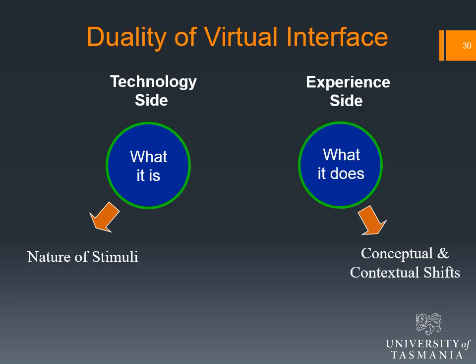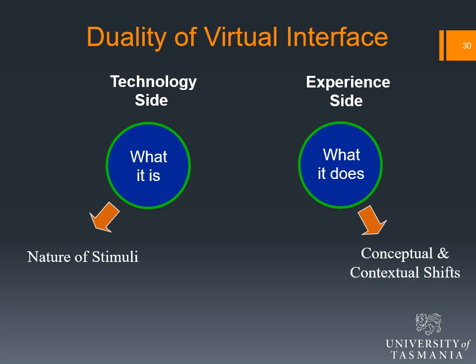The second, on the right hand side. Remember, the whole thing here, the duality, is a conceptual framework. So on the right hand side is the experience side: what it does, what it's supposed to do. It doesn't matter what the technology is or how it makes it happen. Same thing when you look at your mobile phone, it doesn't matter how the back end hardware processors are running, but what it's supposed to do for you.